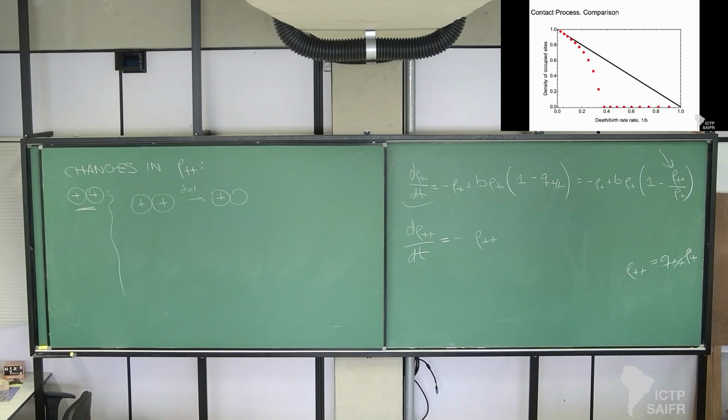What is the probability that I take two neighbors? If I choose simultaneously two nodes, the probability that they are in the plus state is equal to the probability that I first take one, and then times the probability that, conditional to this choice, the next one is also plus. Got it. Thanks.